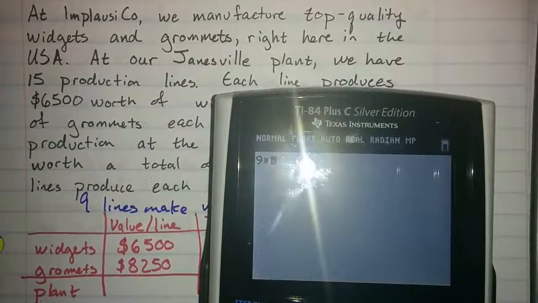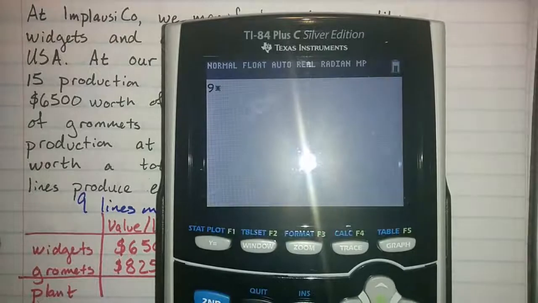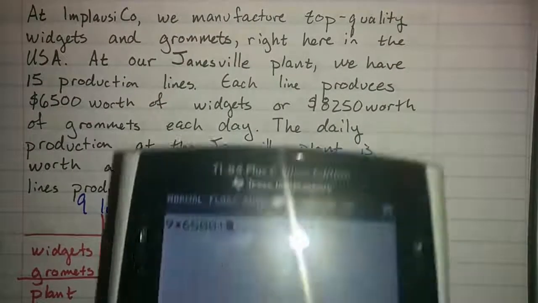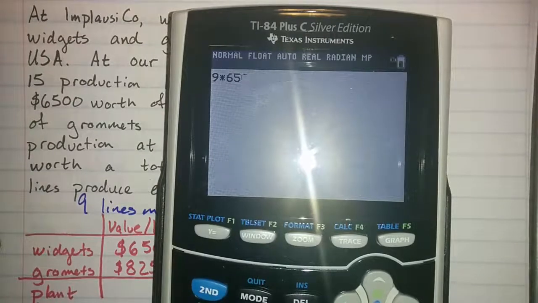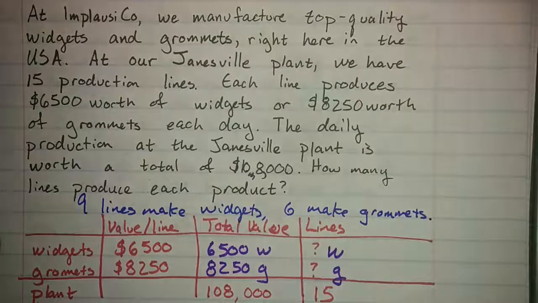So 9 times 6,500. A line that makes grommets earns 8,250. So 6 times 8,250 is indeed 108,000. So that does what I want it to. These numbers are good.